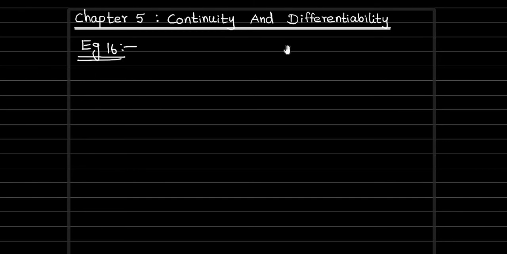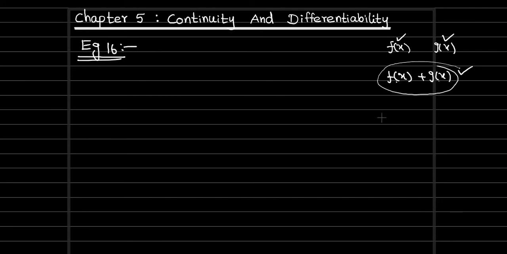The first one: if we have two continuous functions, for example f of x and g of x, both are continuous functions. It can be anything. When we add two continuous functions, the result is also continuous. So the sum of two continuous functions is also continuous.